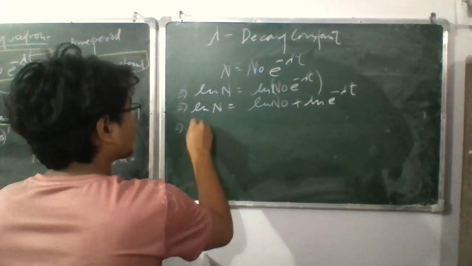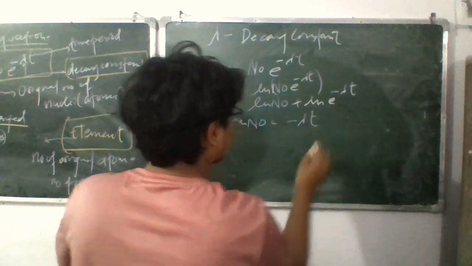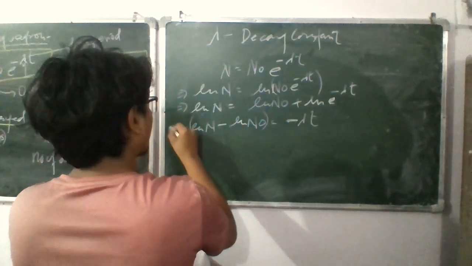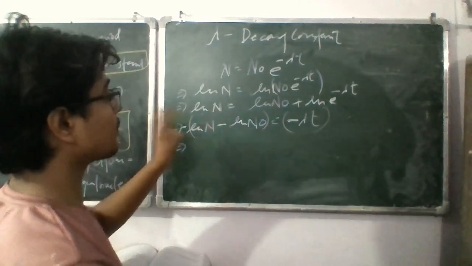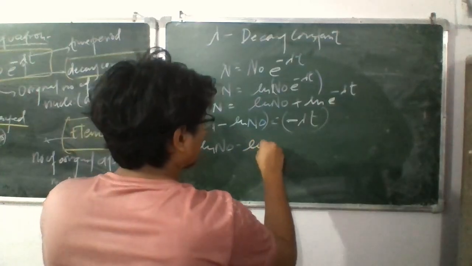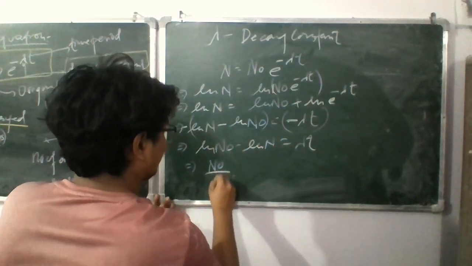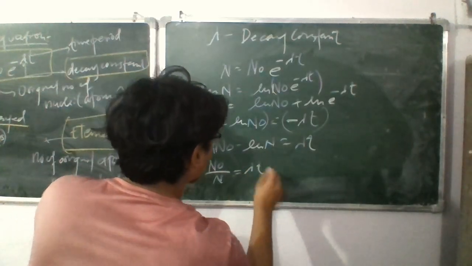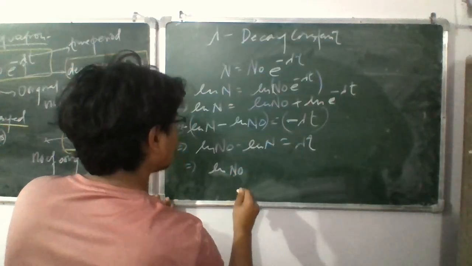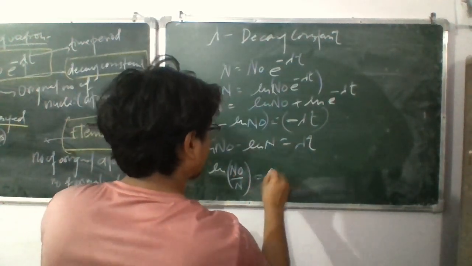Now this gives us ln N minus ln N naught equals minus lambda t, and if I just take the minus and multiply it on both sides, then what I would get is ln of N naught minus ln of N equals lambda t, and that gives us ln of N naught by N equals lambda t.